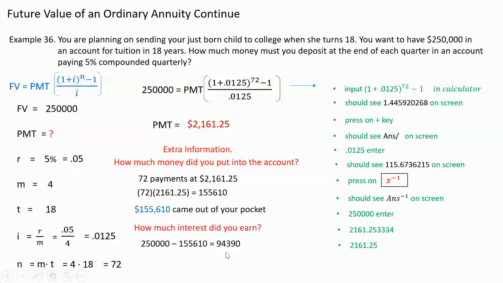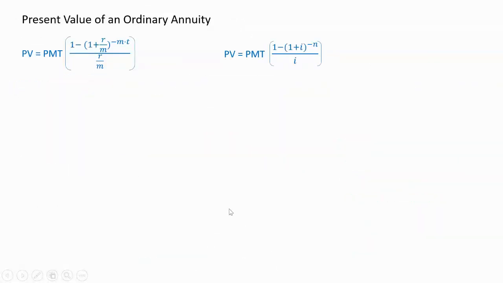So in other words, you almost made 100,000 of extra money, without doing anything, just making the payments for 18 years. So you got almost 100,000 of extra money, which is very, very good. So 94,000 came from earned interest.